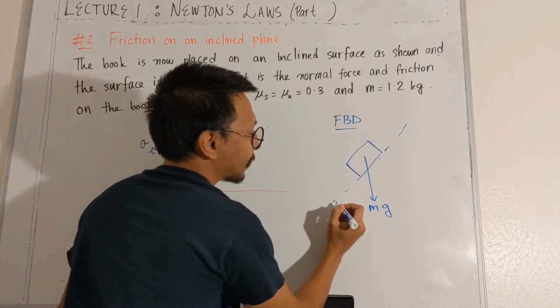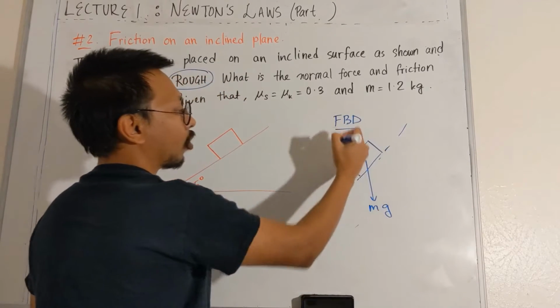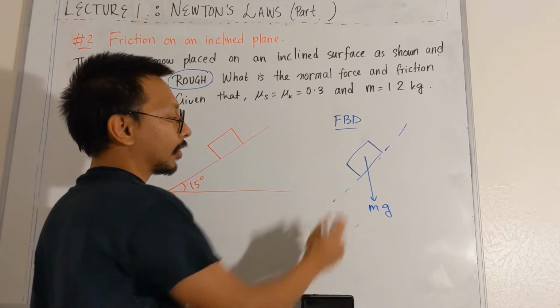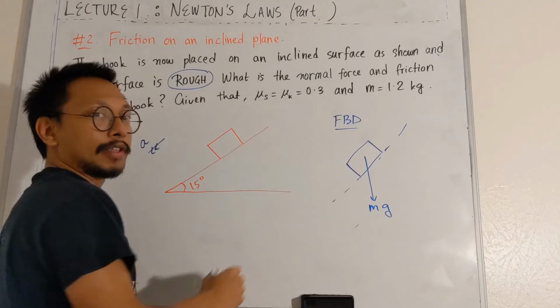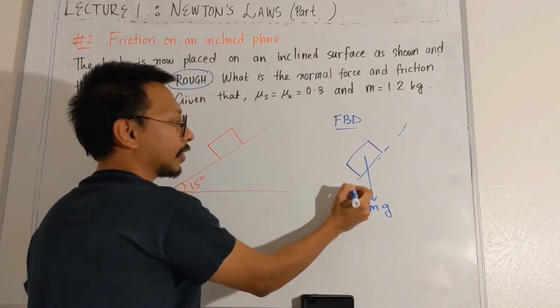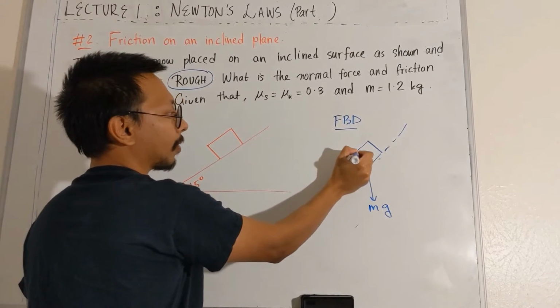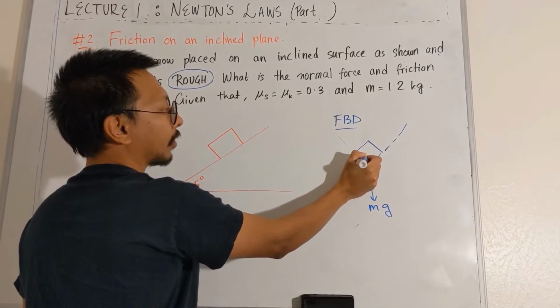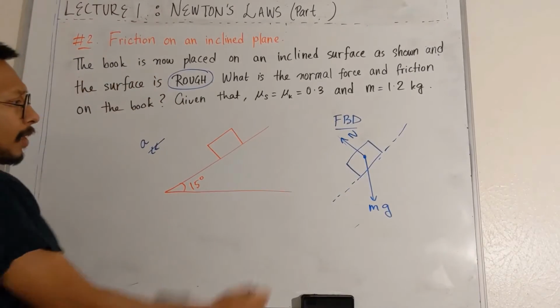Okay. Then we also know that this surface will exert a normal force on this book because they're in contact, and the normal force must be perpendicular to the surface in question. Now the surface is this inclined surface, so the normal force must be perpendicular to the incline. So the normal force would now look like this.